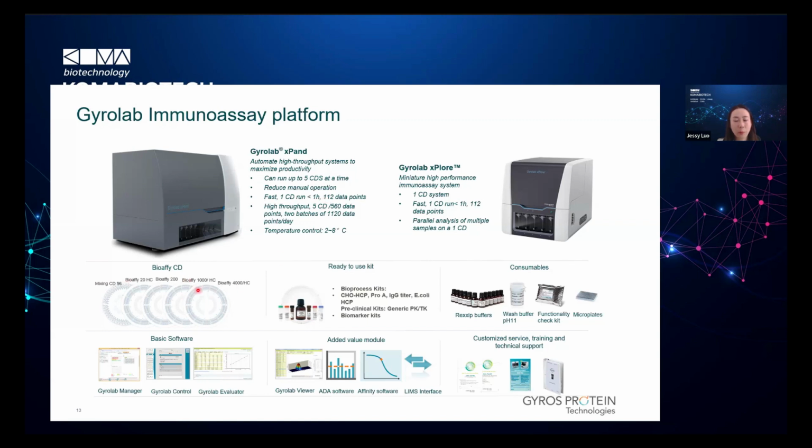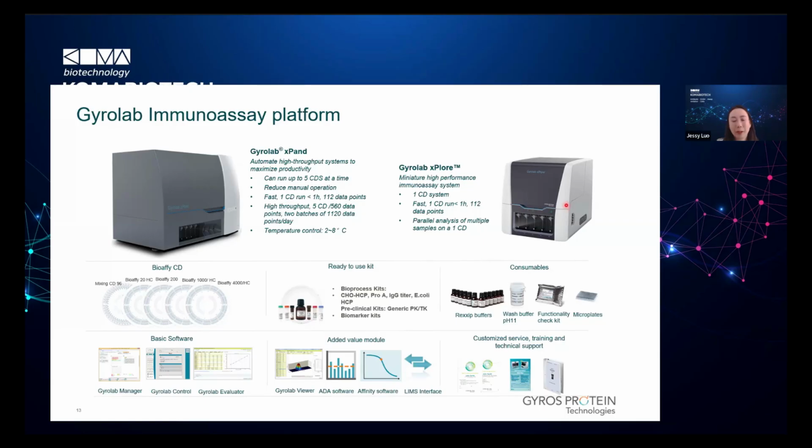We have different CDs to support different sensitivity or dynamic range requirements. And this one is more commonly used among our pharma customers, because some pharmaceutical companies just focus on assay development and then transfer the assay to a CRO for sample analysis, so they may not deal with a lot of samples. Then this 1 CD system is quite efficient for assay development.